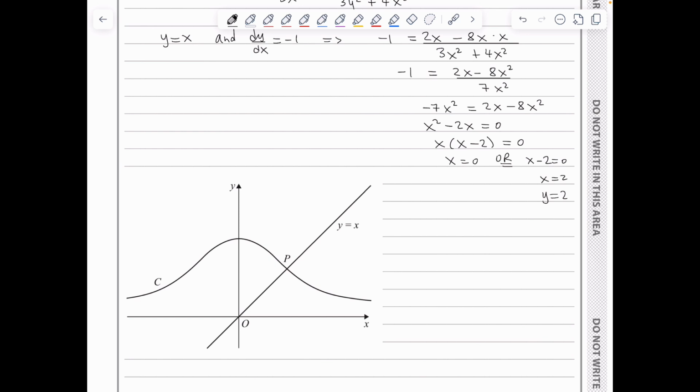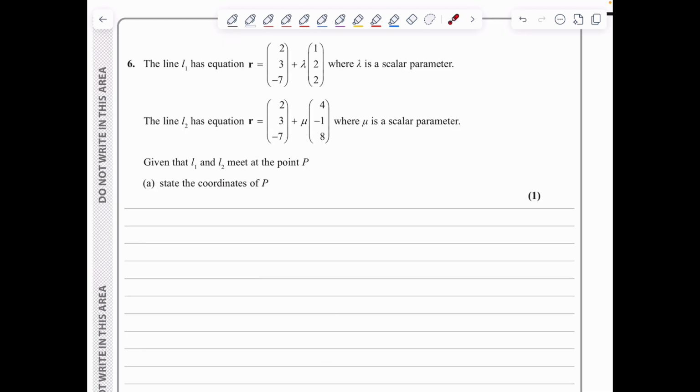And if we recall that the equation of the curve was y cubed minus x squared plus 4x squared y is equal to k, I will be substituting x is 2 and y is 2 to get 2 cubed minus 2 squared plus 4 times 2 squared times 2 is equal to k, which gives a value of k which is equal to 36.